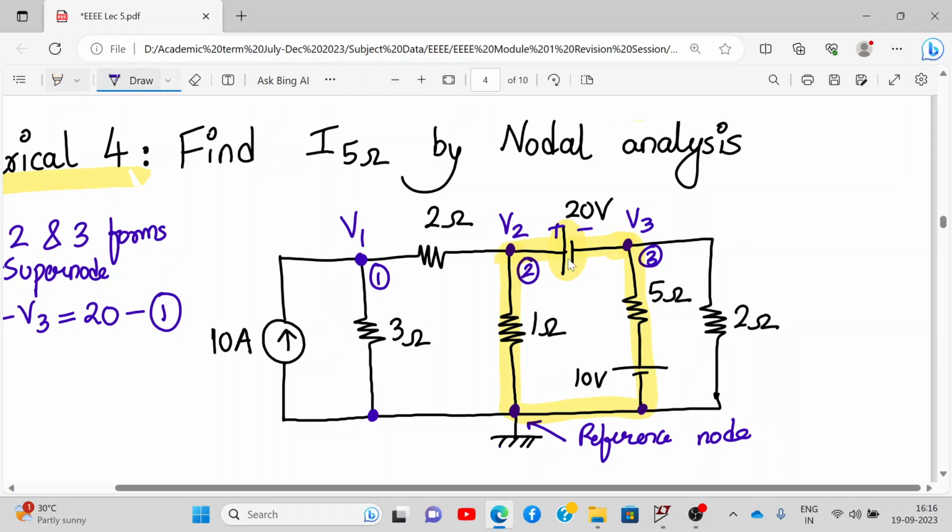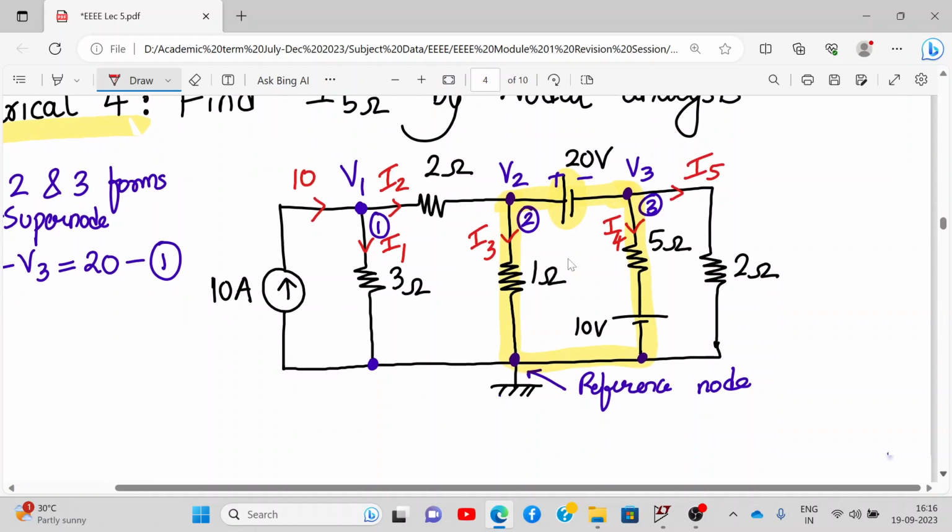So first let us define the currents. Here is the incoming current, this is 10. This is outgoing as I1. This is I2. We cannot define any current between the voltage source. So we can define the current over here. This will be I3, this will be I4, and this will be I5.